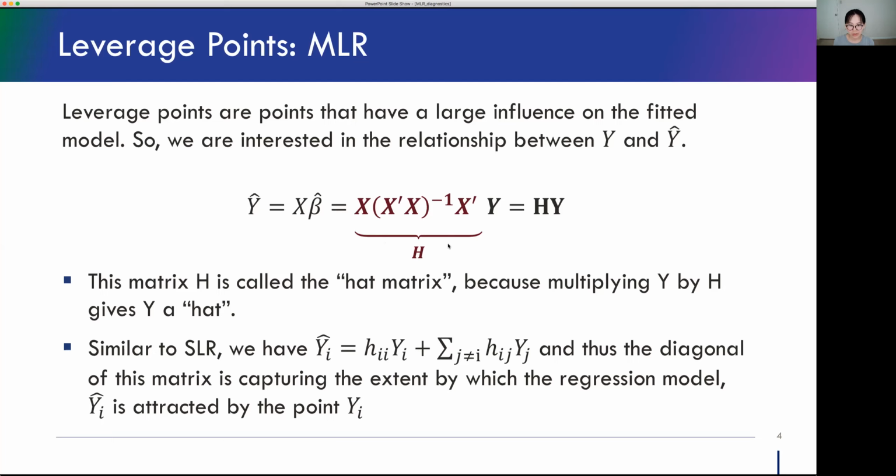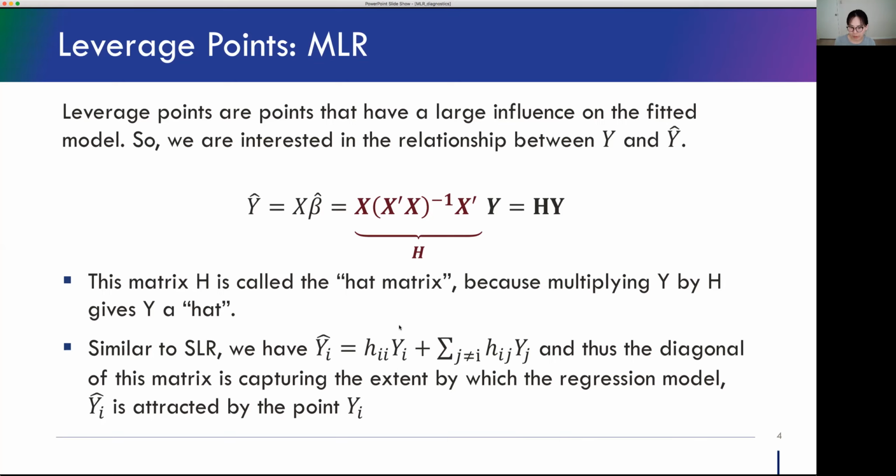Okay, so the H hat matrix, and very similar to simple linear regression, we have the ith fitted value, yi hat, equal to this. So it basically uses the leverage value.